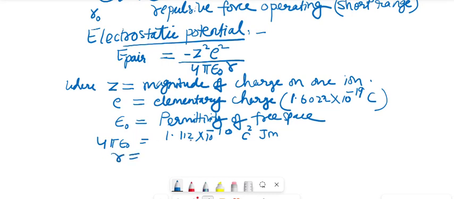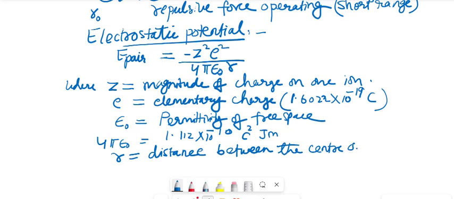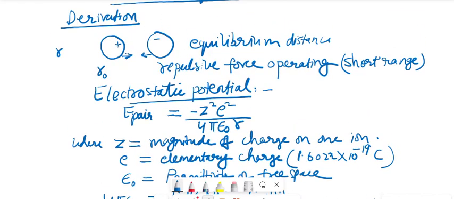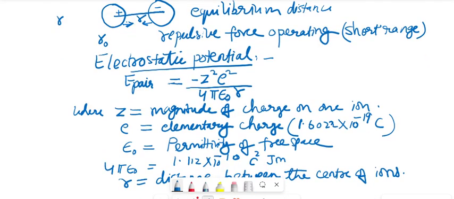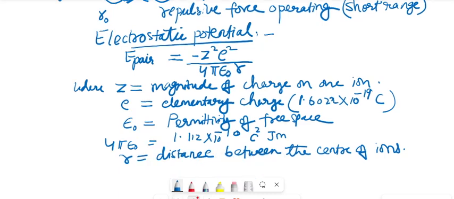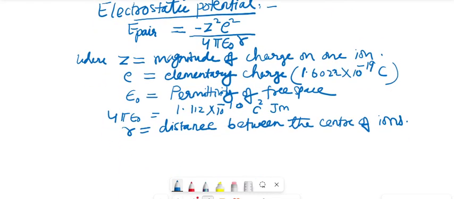R is the distance separating the ion centers. Here, this is the distance between the centers of the ions. This can be represented as R. And when R becomes R naught, then this is the equilibrium distance between the two ions.